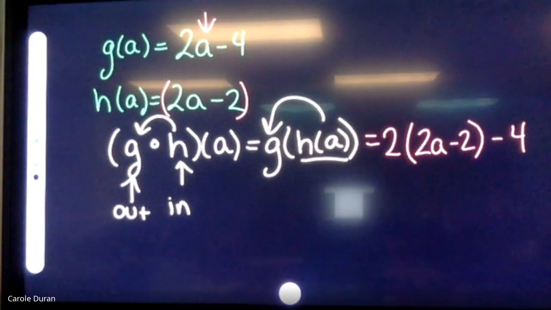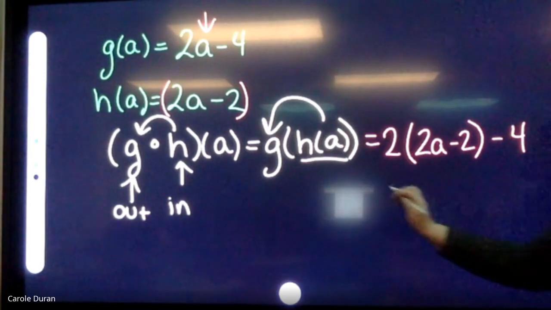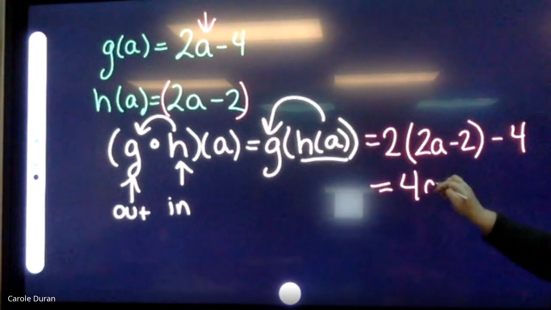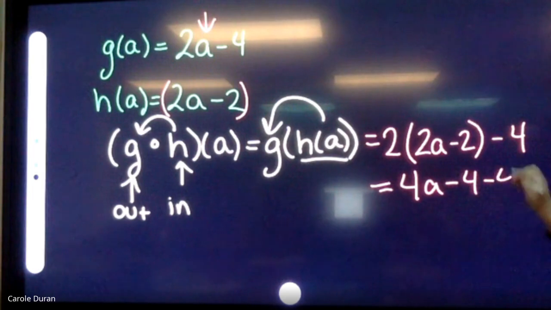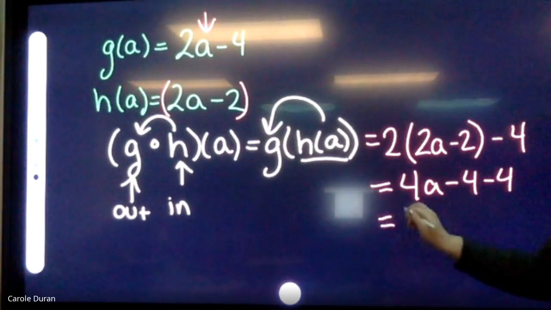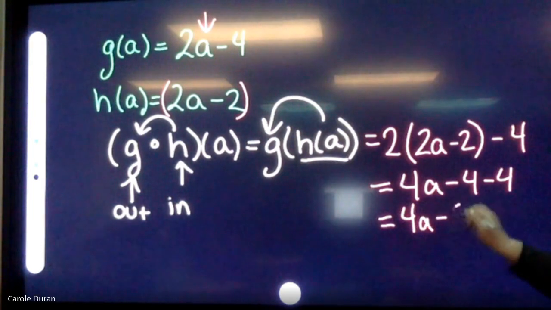So I just replaced my variable with the inside function. And then from here, I just simplify. So this becomes 4a minus 4 minus 4. Combine the negative 4's together, and I get 4a minus 8.